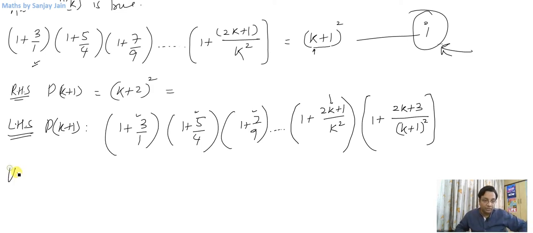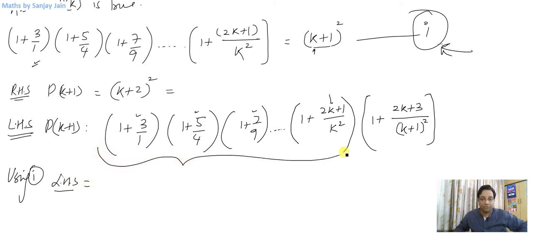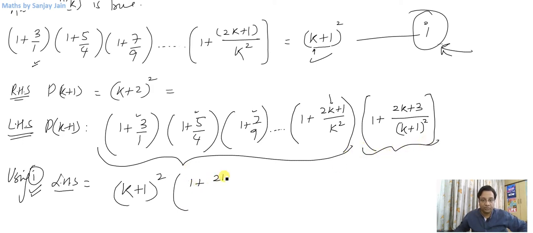So let's do that. Using 1, I can write this left hand side equal to, so this portion I'll replace with k plus 1 squared using first equation, and then into the remaining portion here, that is 1 plus 2k plus 3 divided by k plus 1 squared.